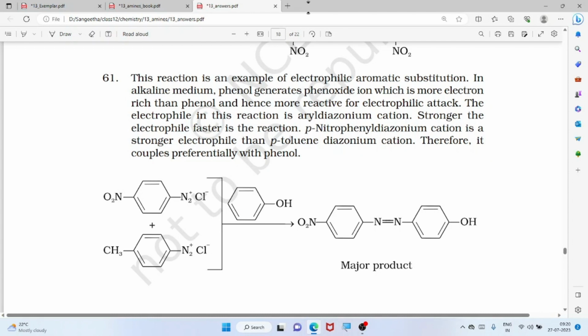Phenol generates phenoxide ion, which is more electron rich than the phenol, hence more reactive in the electrophilic attack. The electrophile in this reaction is the aryl diazonium cation. The stronger the electrophile, the faster the reaction. P-nitrophenyl diazonium cation is a stronger electrophile than p-toluene diazonium cation. Therefore, it couples preferentially with phenol.